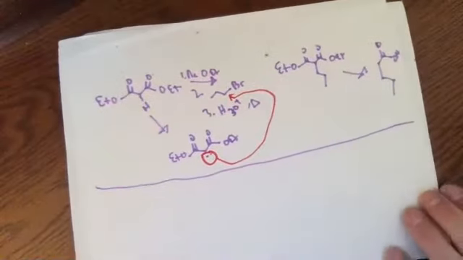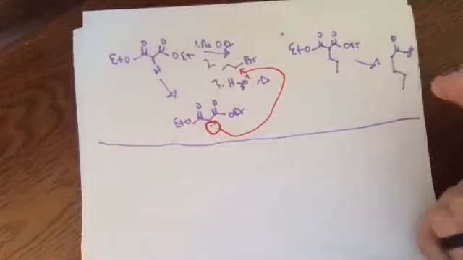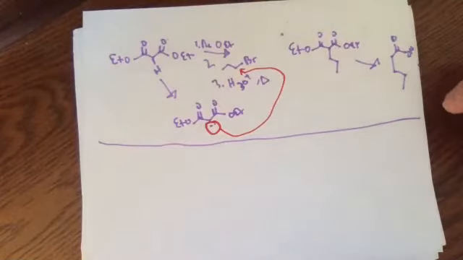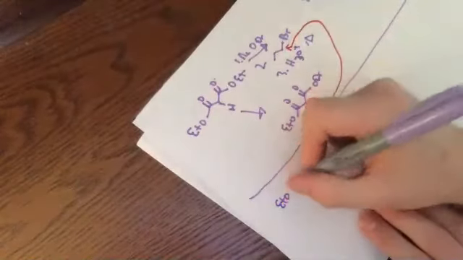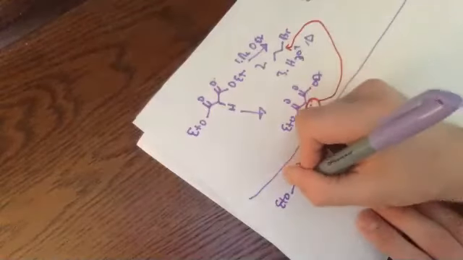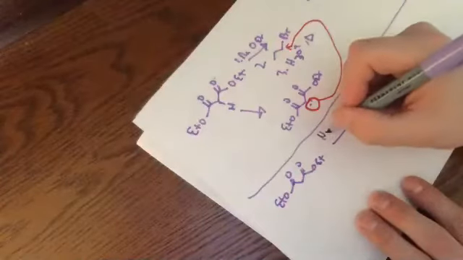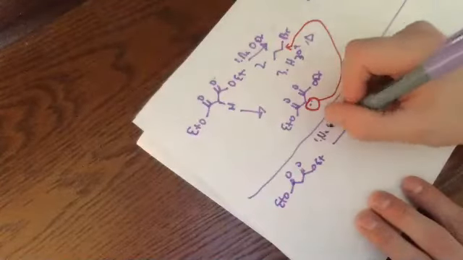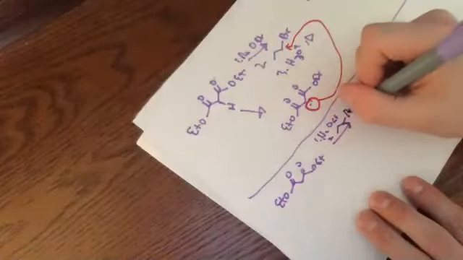We could do this twice instead, so this was a single addition. The next one, I'm going to go down and then over. So let's do the other malonic ester synthesis.